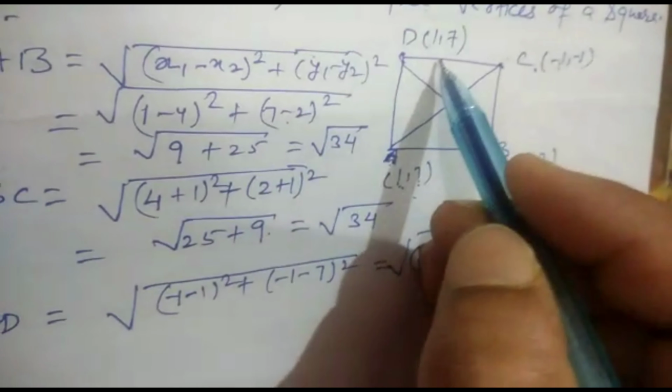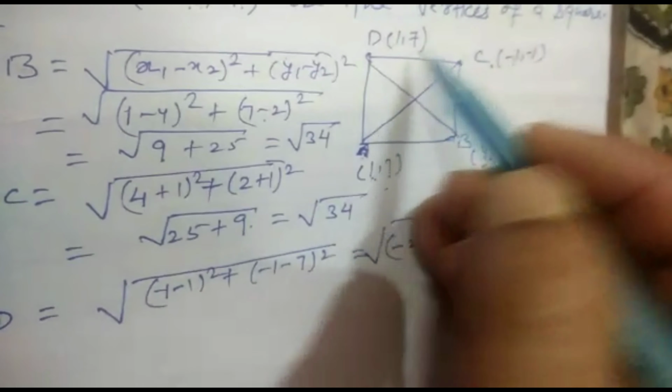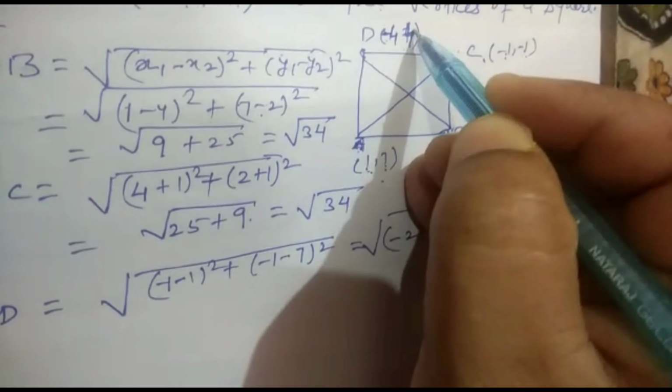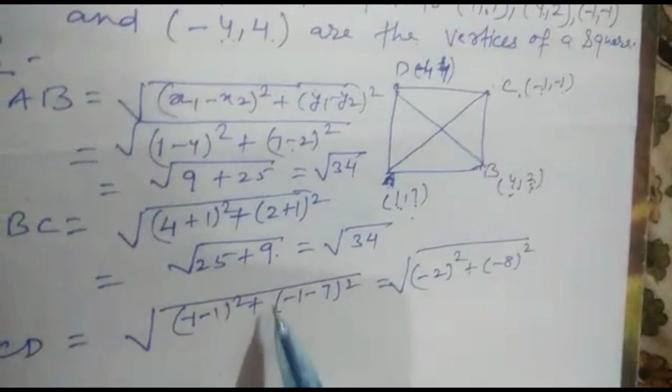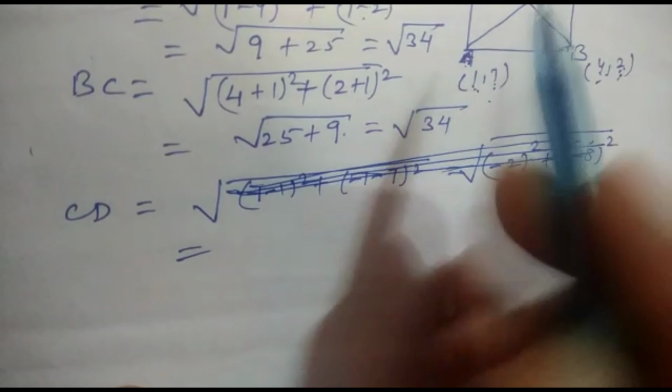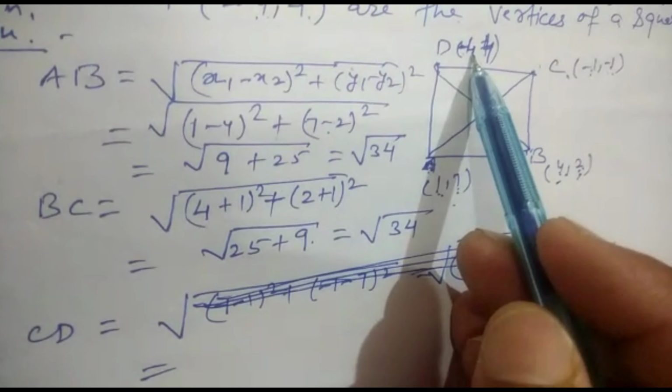But A was (1, 7), B was (4, 2), C was (-1, -1) and D was (-4, 4). This coordinate was -4 and 4. So in CD, this is wrong here. CD is, because here the coordinate was (-4, 4).